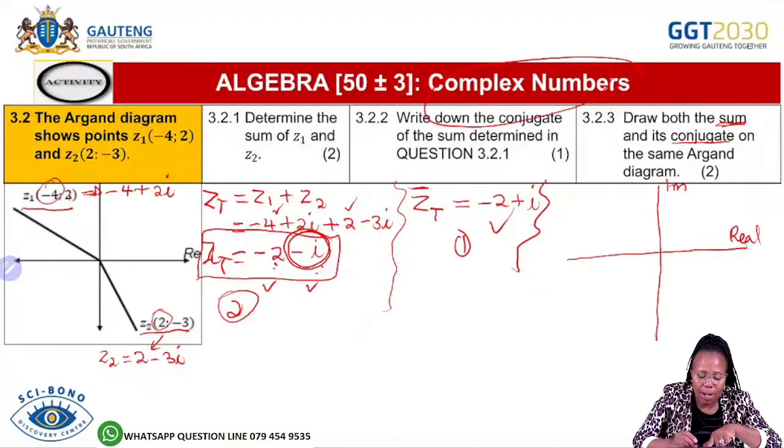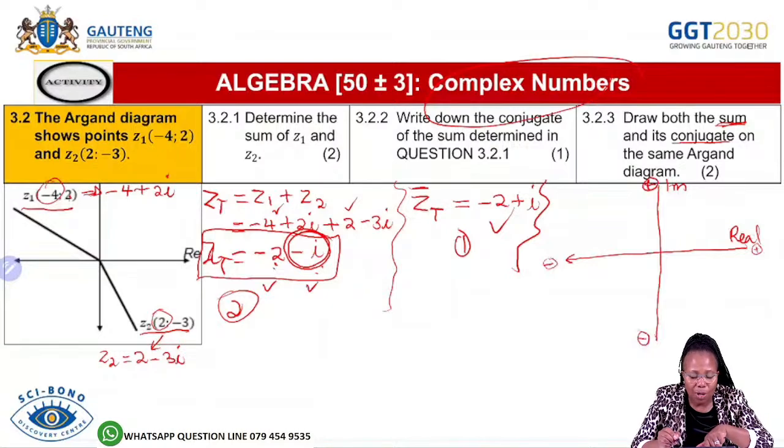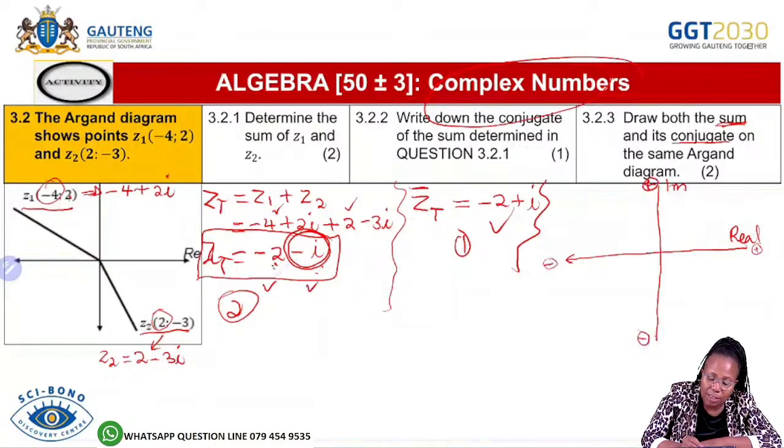The original one is minus 2. That means on the side where the real values are negative is this side, and this side they are positive. Imaginary is positive this side and negative this side. Remember, this is real and this is imaginary.